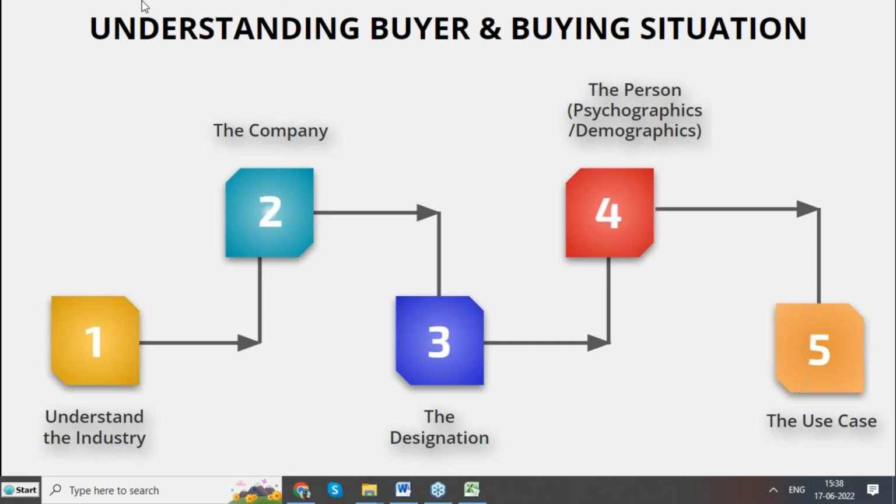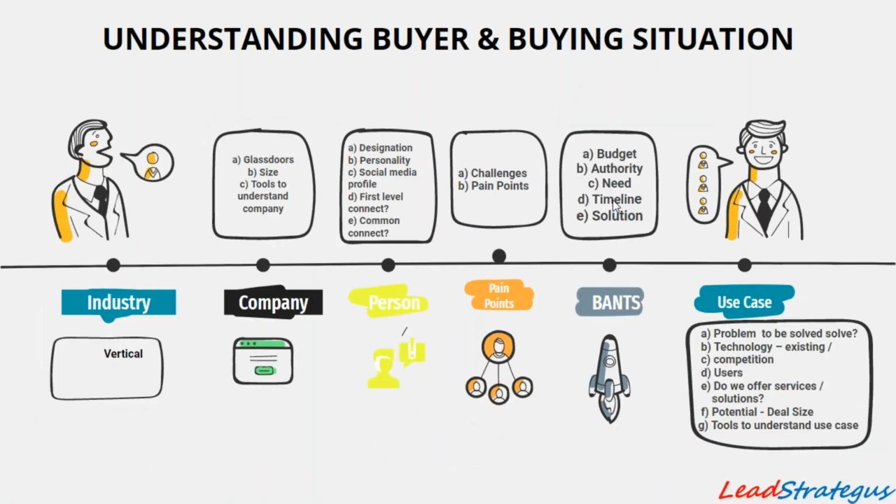And last but not least, you come to the use case. If you have written this all down, identifying the right account as well as the right buyer becomes much easier. Many of us use this concept called BANTS, budget, authority, need, timeline, solution, to qualify our leads or prospects much better.